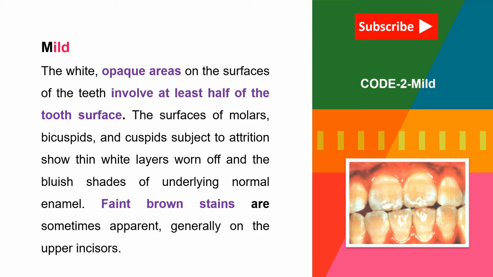Here we can see opaque areas on the surface of the tooth involving at least half of the tooth surface. The surfaces of molar, bicuspid and cuspid subject to attrition show a thin white layer worn off, and bluish shades of underlying normal enamel. Faint brown stains are also visible, generally seen on upper incisors.